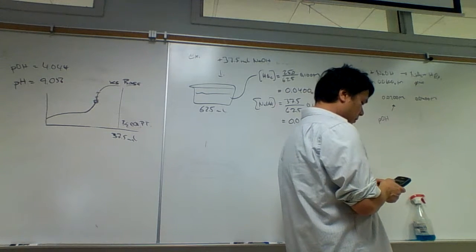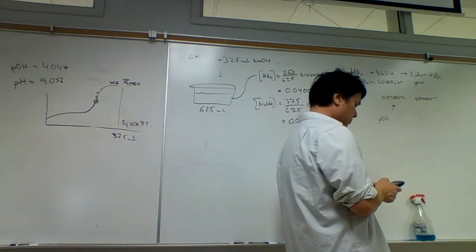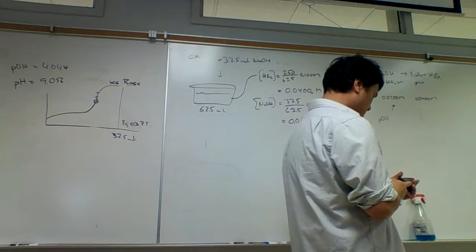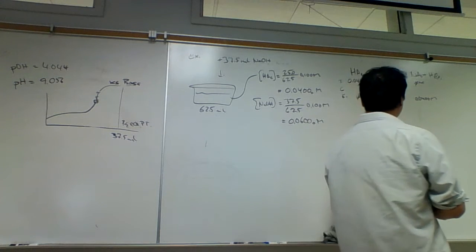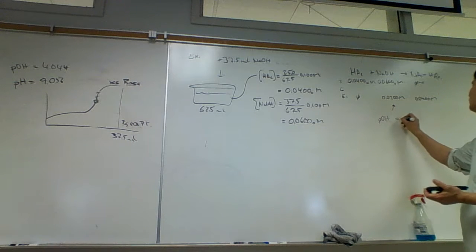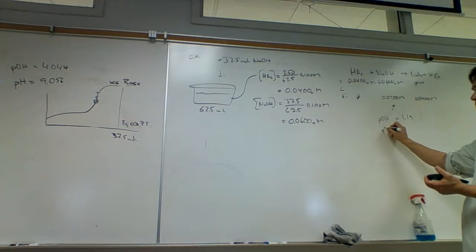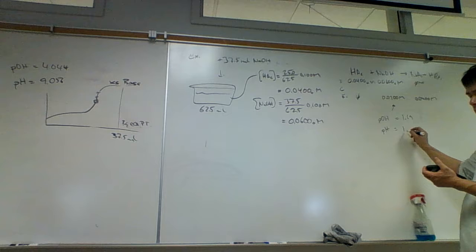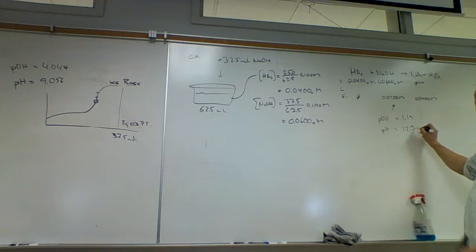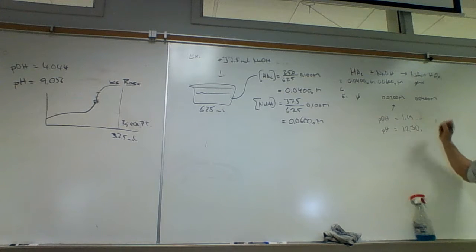So let's take the log of 0.02, plus 14. We got a pH of 12.301.